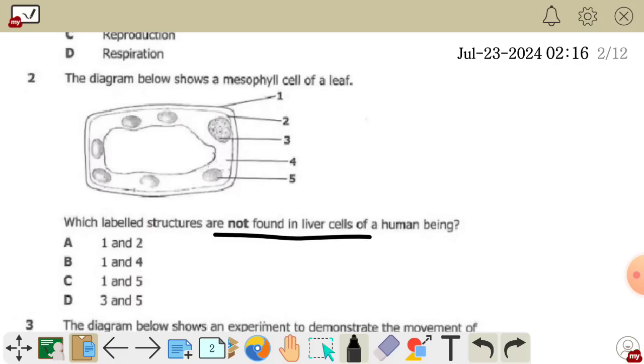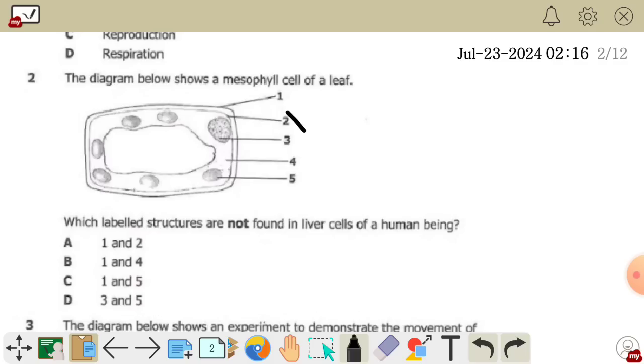A, 1 and 2, B, 1 and 4, C, 1 and 5, and D, 3 and 5.